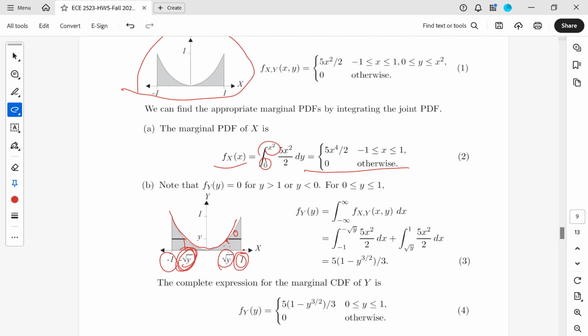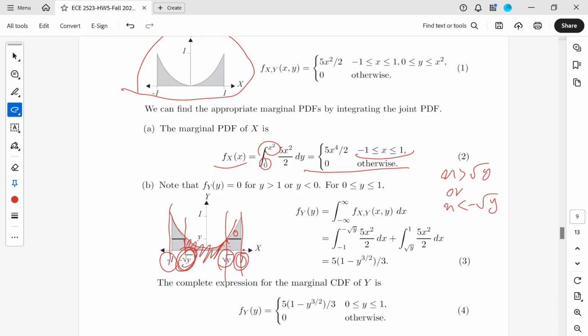So the condition of the PDF says that x is bigger than the square root of y or less than minus the square root of y. Another condition says that x is between -1 and 1. If you take the intersection of these two conditions, you see that x only takes values between -1 and minus the square root of y, and between the square root of y and 1. The other values are not available for x because of the condition that we have.